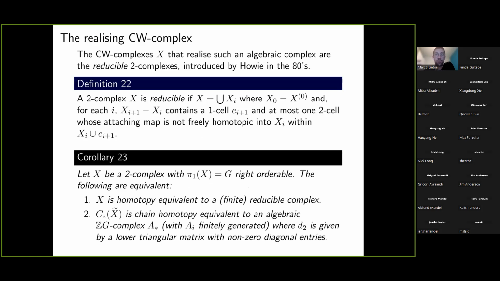That's why I put finite in brackets. Particularly, if you can find some A star where the Ai are all finitely generated, then you know that the fundamental group of X is a finitely presented group, and it has a finite reducible presentation.